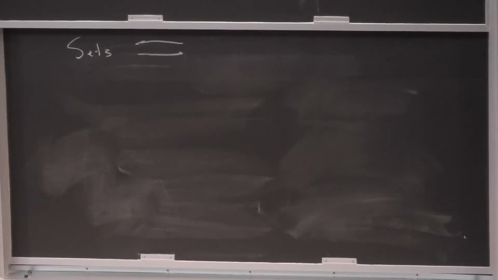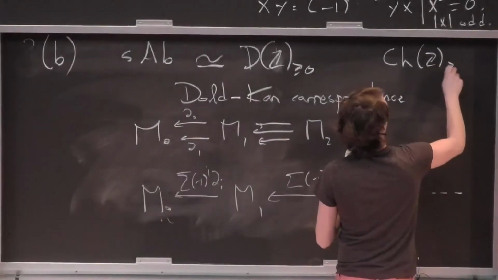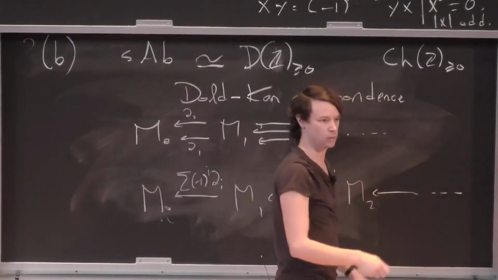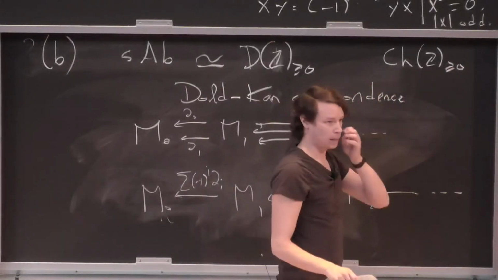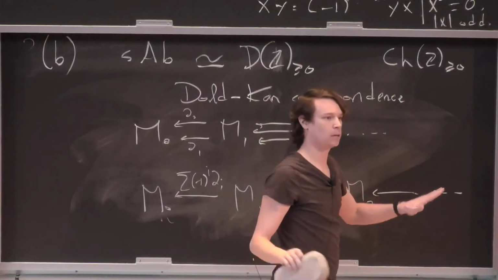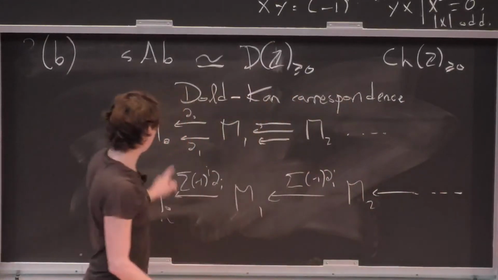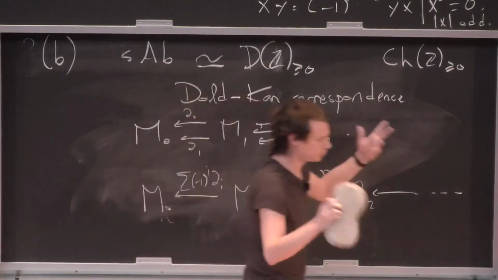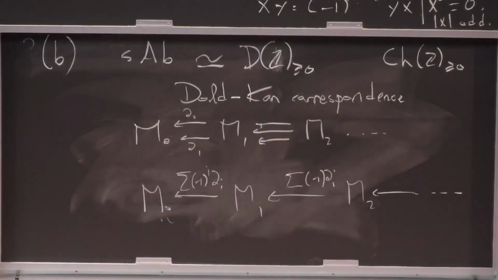That works over the integers. So in fact, ignoring this homotopy theory stuff, simplicial abelian groups is actually just equivalent as a category to chain complexes of abelian groups concentrated in degrees at least 0. So they're just the same category. But that's a slightly different functor here. The difference is not too important.